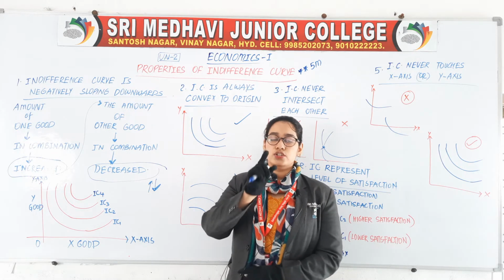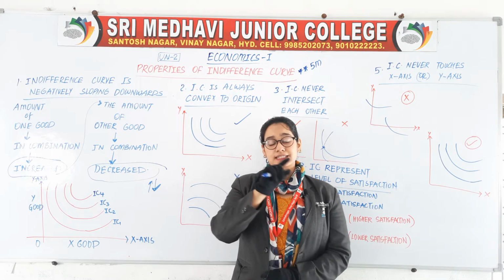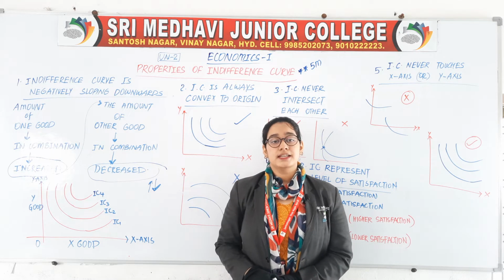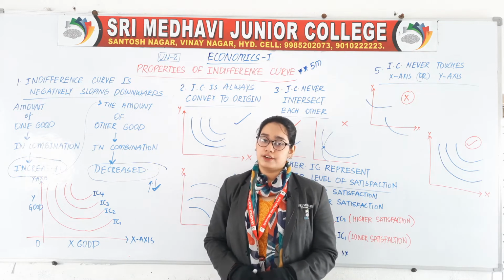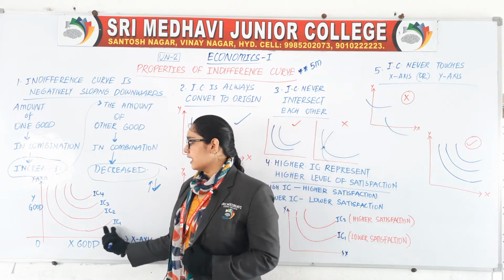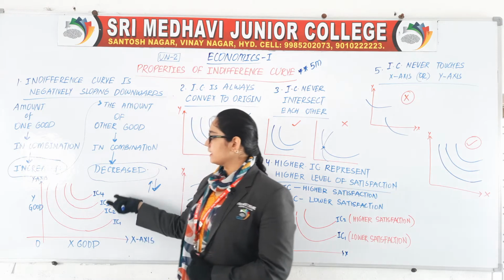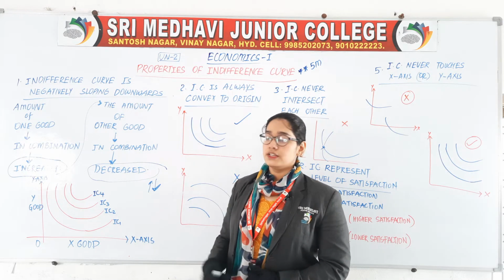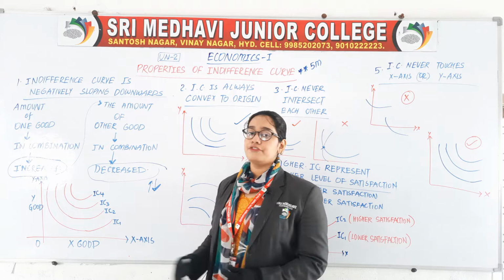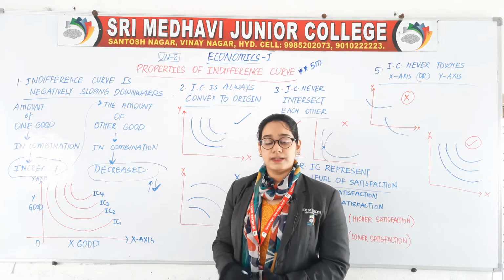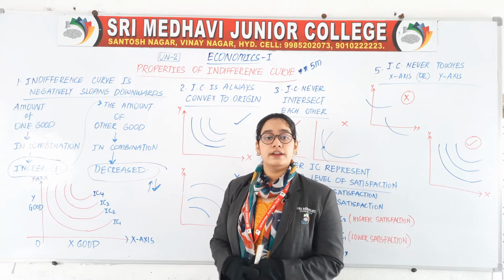Whenever you see two letters, that is IC, then that is nothing but indifference curve. So here IC1 means indifference curve 1. IC2, IC3, IC4. So this is the diagrammatic representation of an indifference curve. Alright.